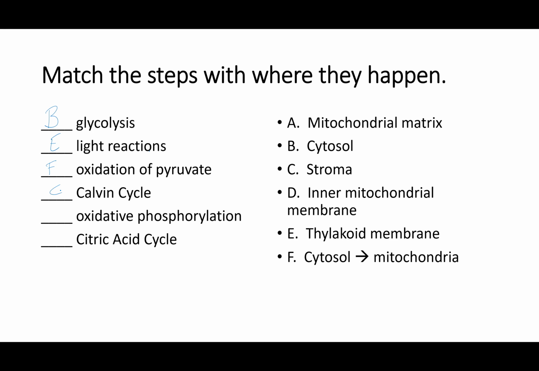Calvin cycle is happening in the stroma. Oxidative phosphorylation: the inner mitochondrial membrane. And the citric acid cycle, there's only one left. Hey, in matching, you can always at least guess the last one. Okay, citric acid cycle is happening in the mitochondrial matrix.